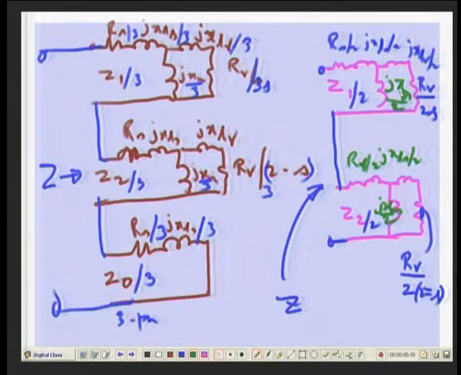But you have one comfortable thing, these stator impedances they will match, is not it, because this plus this plus this will be same as this plus this, there is no problem. Your problem is only with rotor parameters or air gap parameters. Here you have XM by 3, here XM by 2, okay.